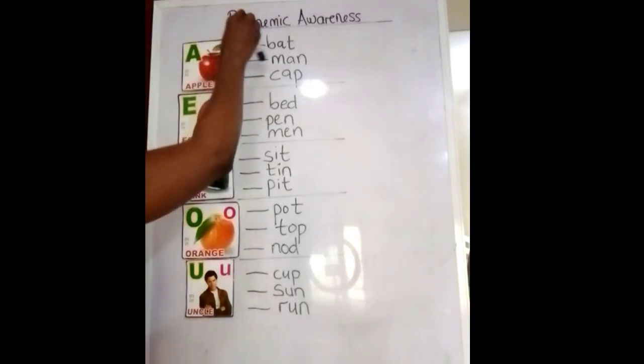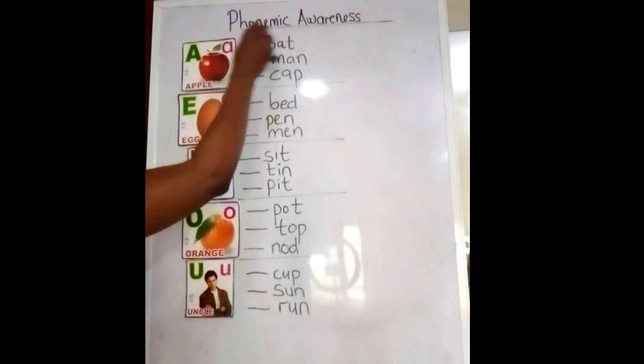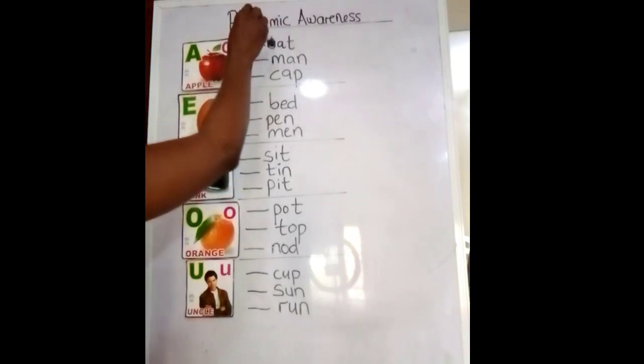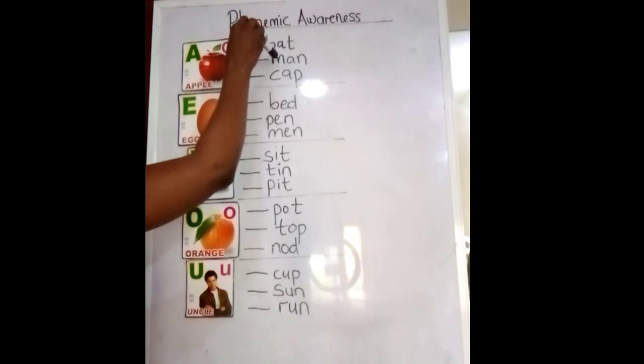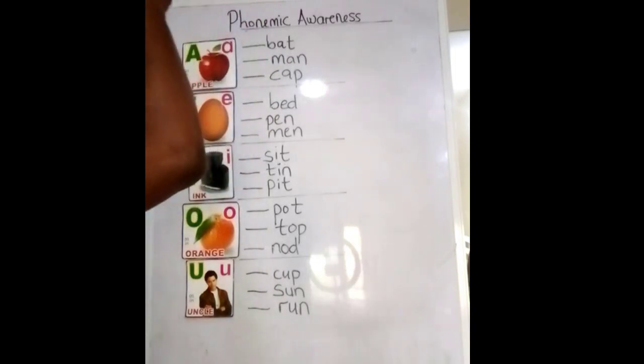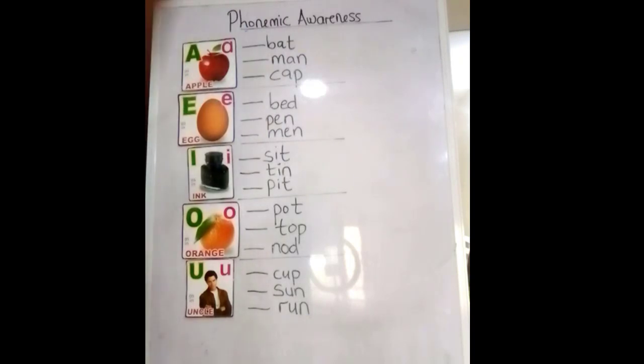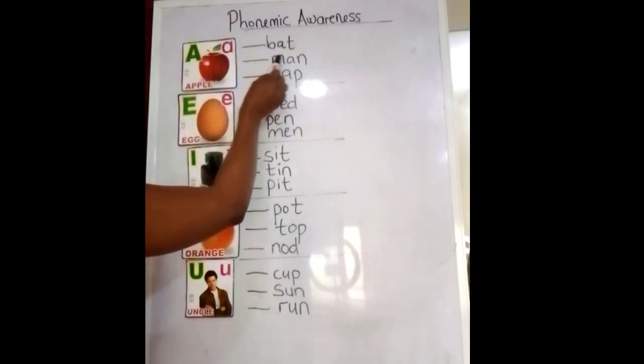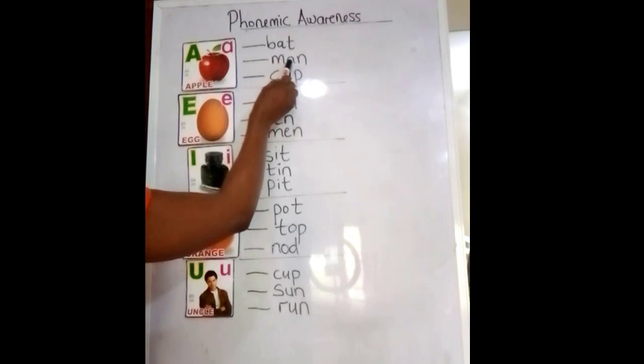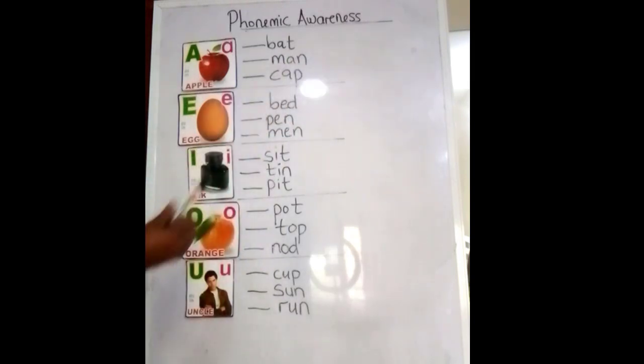Okay, so the next example is man. The first letter there is M, and it makes the sound M. And we already considered that earlier. So you have M, you have A, and you have N, the sound made by letter N. And when you combine them, you have M, A, N, man.